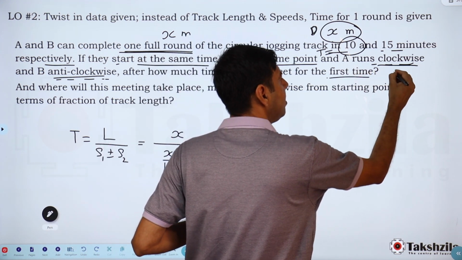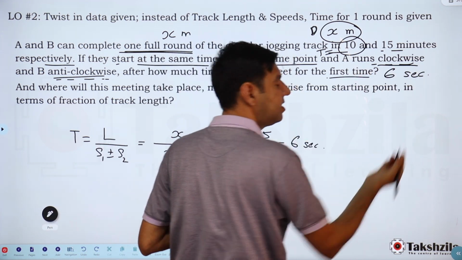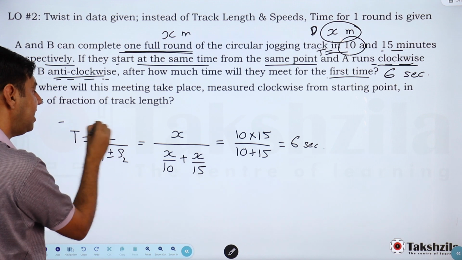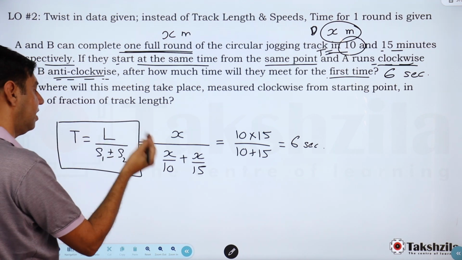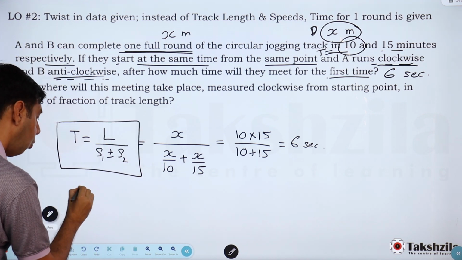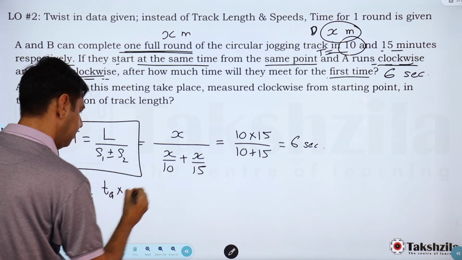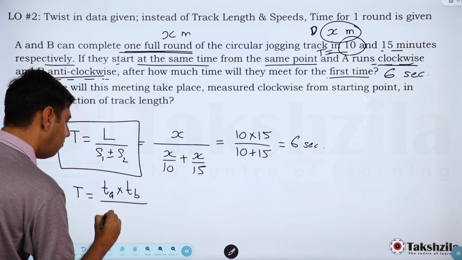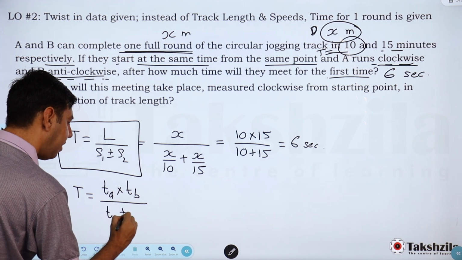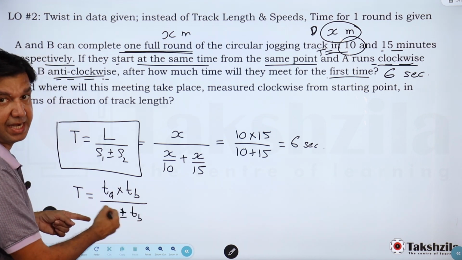150 by 25. This is 6 seconds. So when do they meet for the first time? In 6 seconds. Done. So this relation we could also translate into TA into TB over TA plus or minus TB, depending upon the relative speed and the directions.